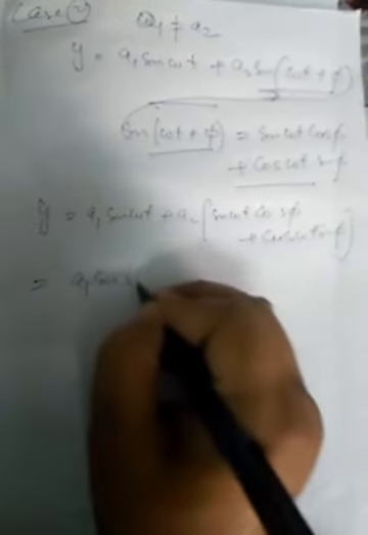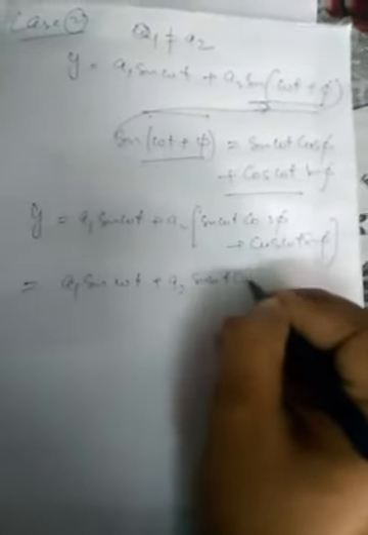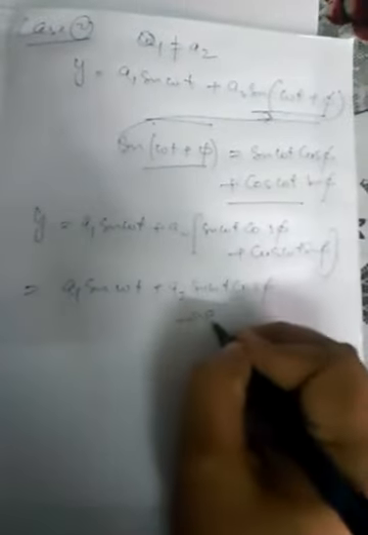Now we can collect the simple part: a1 sin ωt plus a2 sin ωt cos φ plus a2 cos ωt sin φ. Now we will do some calculations here. How to do that? We collect these two factors together.